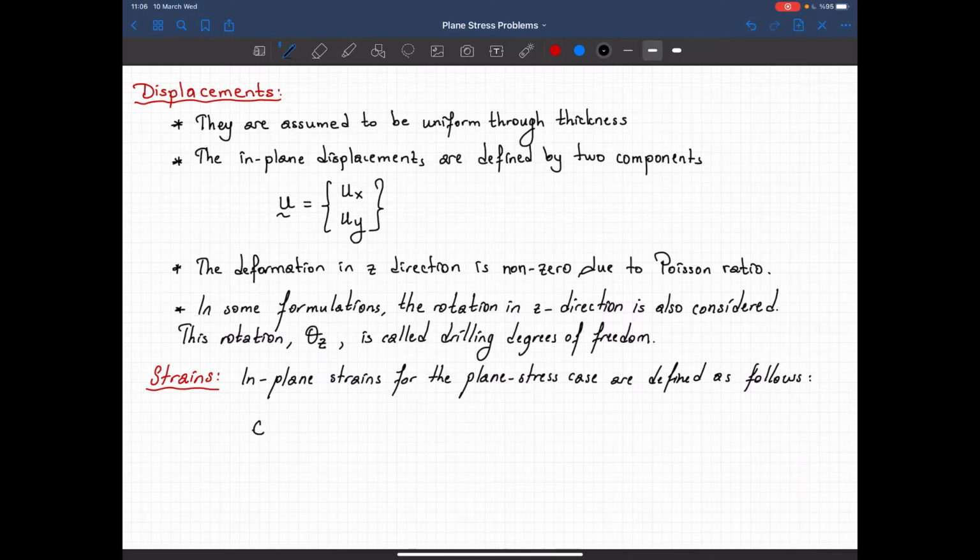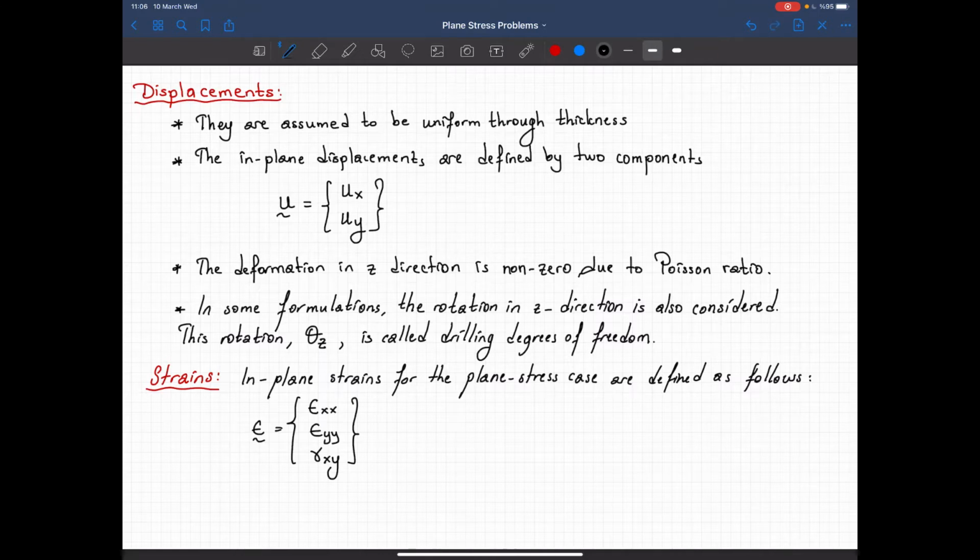So this is our strain vector. So we have an axial strain in the x direction, axial strain in the y direction, and we have a shear strain that represents the angle change.